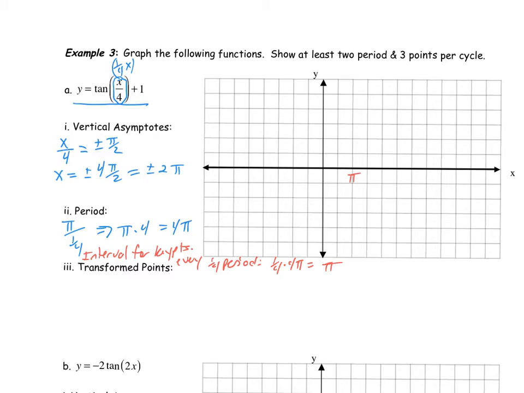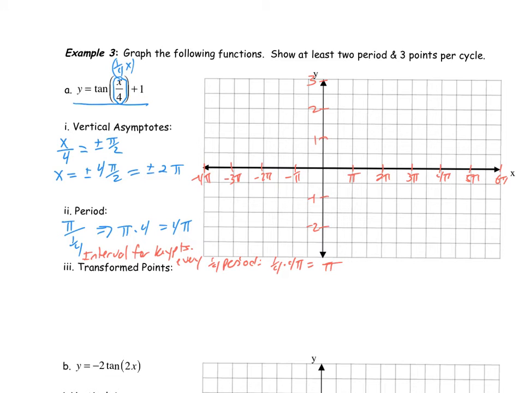I'm going to do 2 units is pi. So pi, 2 pi, 3 pi, 4 pi. I'm going to set up my scale, and then negative pi, negative 2 pi, negative 3 pi, negative 4 pi. And on the y-axis, I'll let 2 squares be 1 unit.